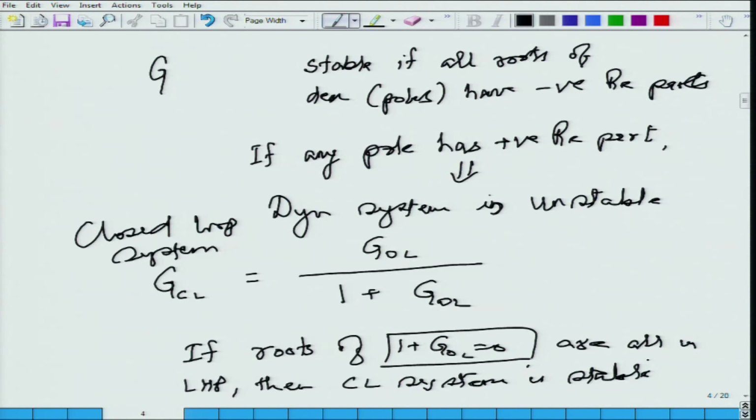If any of the roots of this equation are in the right half plane, even if one of the roots is in the right half plane, then that closed loop system is unstable.